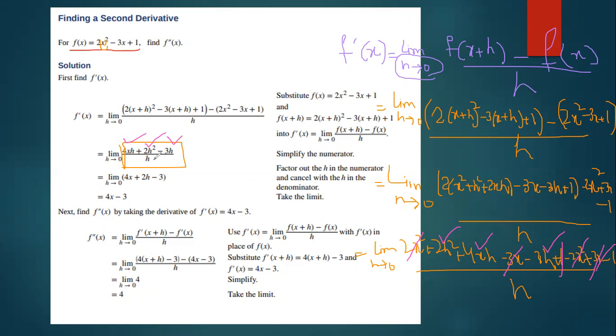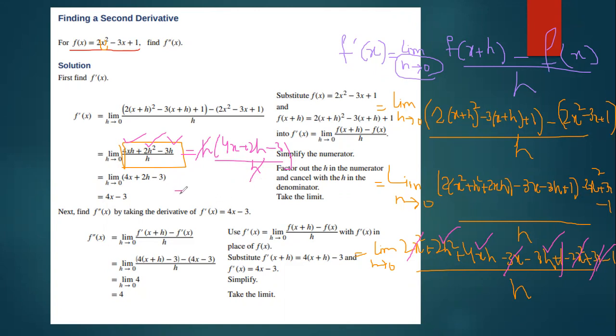Now take h common, so it will be h times 4x plus 2h minus 3, divided by h. Because if we apply the limit simply, it will be something upon 0, so the answer will be infinity. So we have to eliminate h from the denominator.